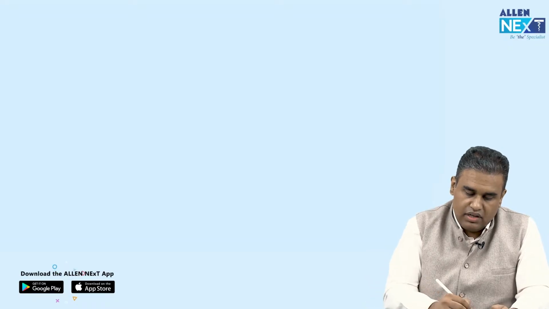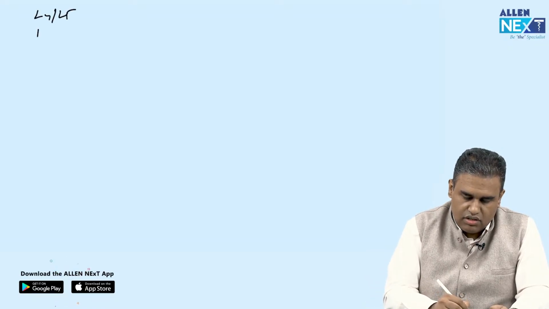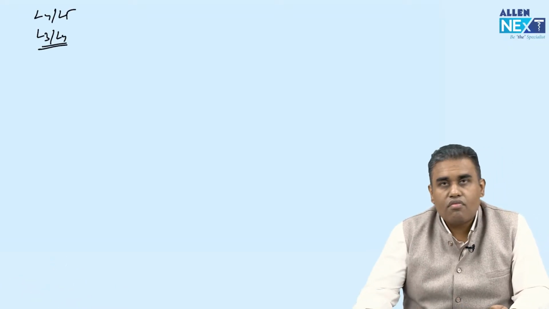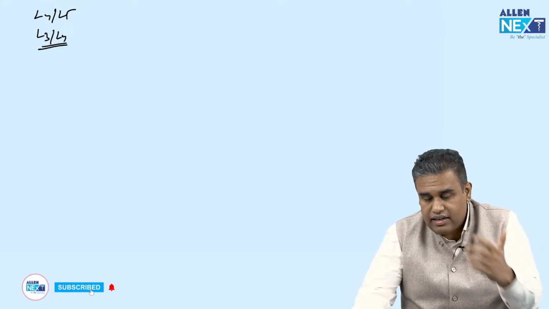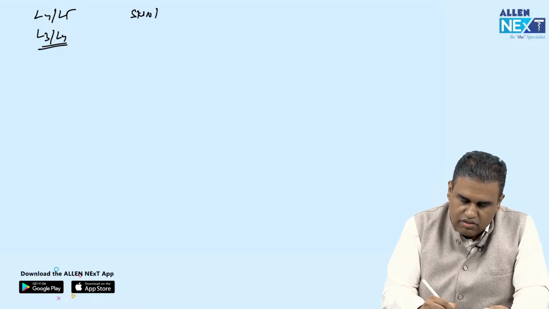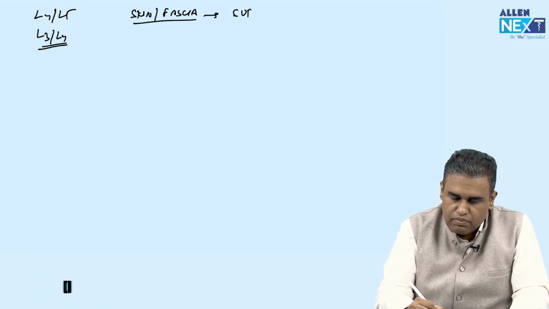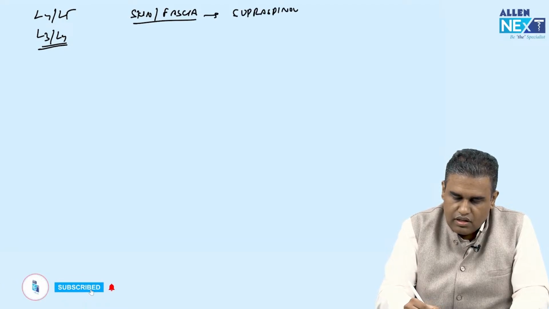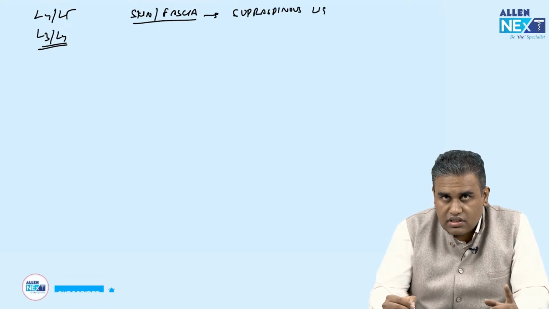Understand this. LP, we all know, is lumbar puncture, for CSF. On the lumbar spine, the vertebral level is normally taken around the L4, L5 junction or L3, L4 junction. But what are the ligaments that are entered? See, the sequence is very important. Starting from skin or fascia, obviously the needle will go past it. The first ligament it enters is the supraspinous, connecting the tips of the spinous processes.